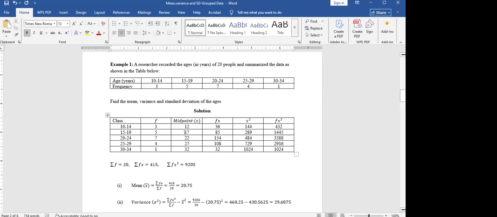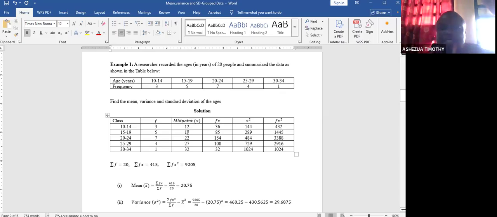So in this case, we have 17 squared, and 17 squared is simply 17 times 17, which will give us 289. And of course, for fx squared, you take this 5 here, multiply it by 289, and you will get 1445.